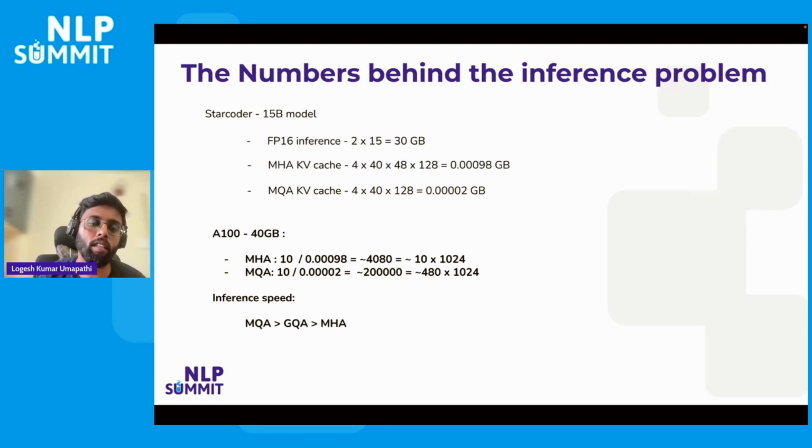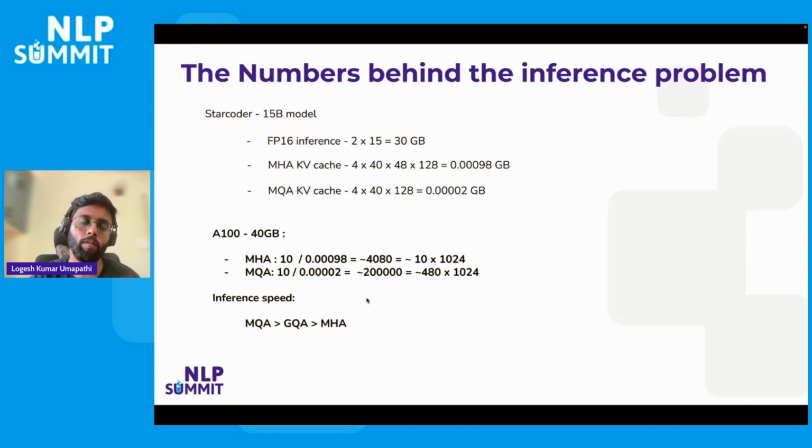And then there is group query attention, which instead of using just one KV matrix per layer, uses somewhere between one and the number of heads of KV matrices, and that gives us a speedup and also matches the quality of generation compared to MHA. And MHA is the most memory hogging attention mechanism.